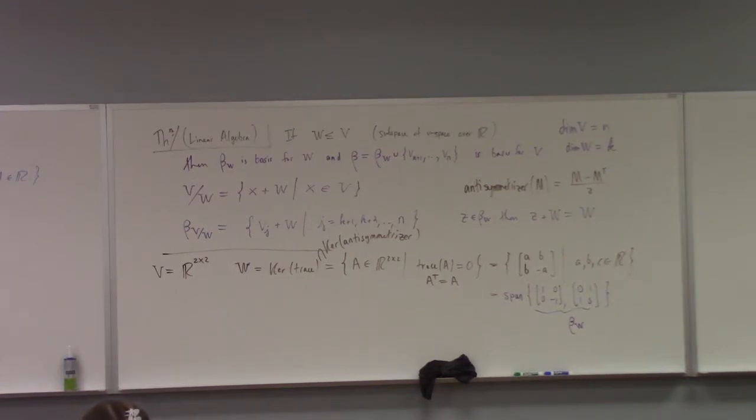And anyway, my point to you is that A plus W1 is actually equal to 1/2 (A minus A transpose) plus W1. I think this is actually answering your question, Bethany. Because this is the point: I can absorb the part of A which is in W. So you have to identify the part of the representative which is inside the coset.